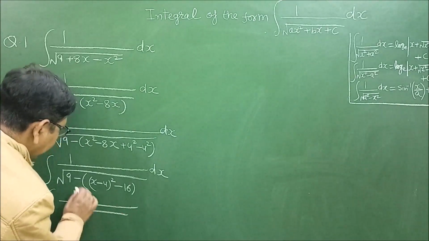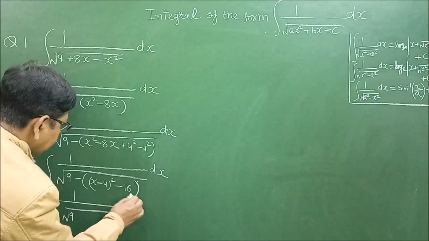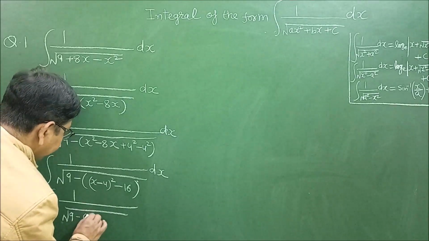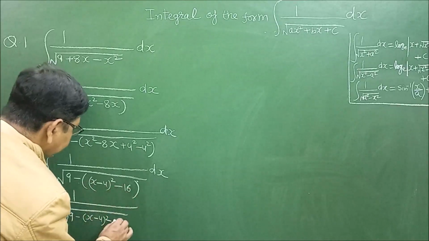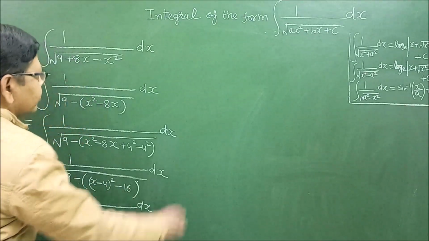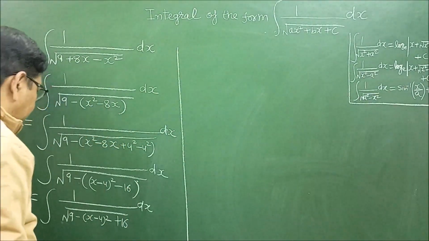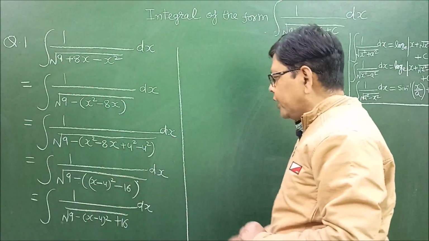This is equal to the integral of 1/√(9 and opening this bracket here. So this (x − 4)² will become negative, and minus minus is positive) dx, which is equal to 9 and 16. 9 and 16 is equal to 25.